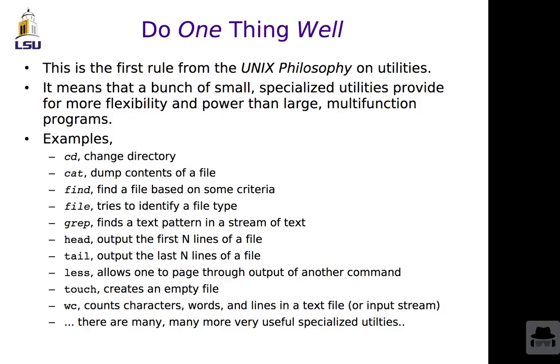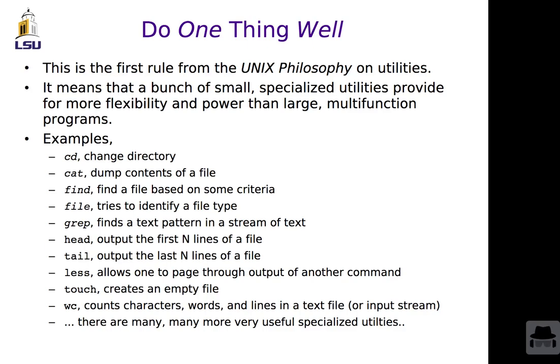Grep, you can cat the contents of a file into grep and then search for a specific string. It comes with a bunch of handy options, and then it'll find different lines in that stream of text that you're looking for. I think everybody here that uses Linux on a regular basis uses grep heavily.